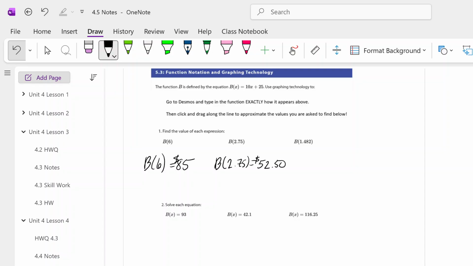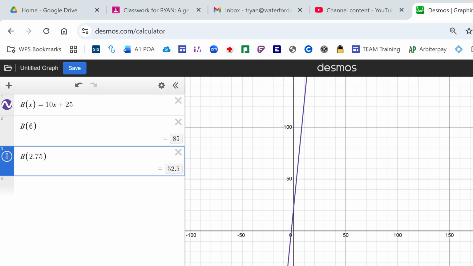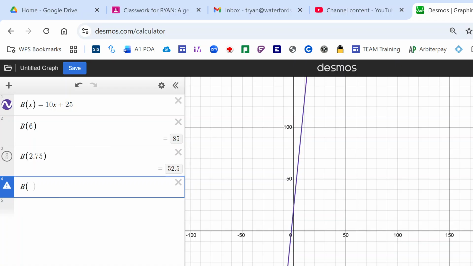And then you would imagine that sometimes your data can be measured to even smaller decimals. So 1.482. So now we go again, capital B. Look how short this is. We're not plugging in any numbers for x. We're not replacing them and then multiplying and then adding. No, you type in capital B, which tells the computer you're talking about the same function up top, 1.482.